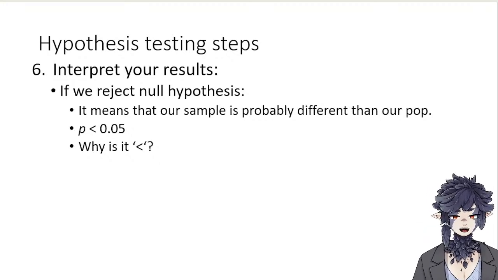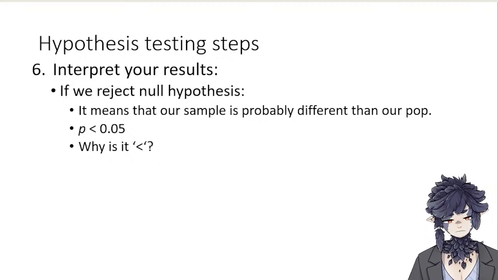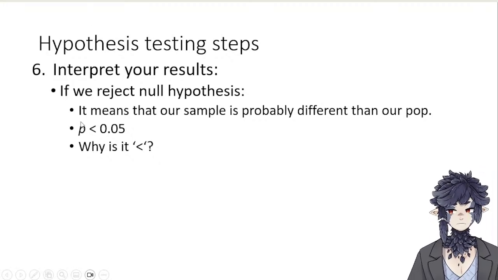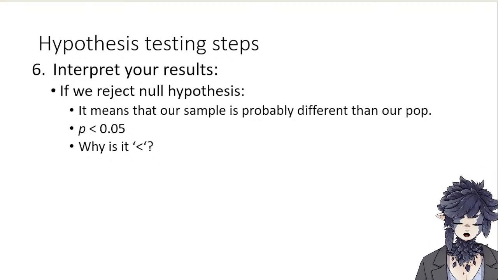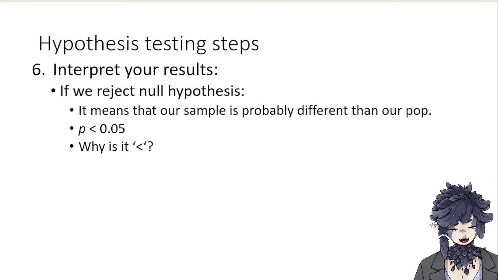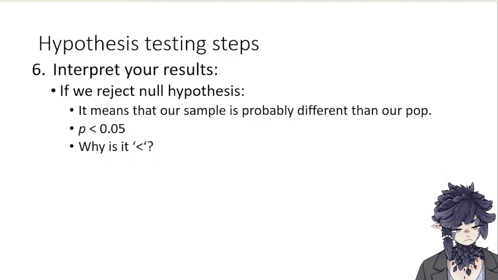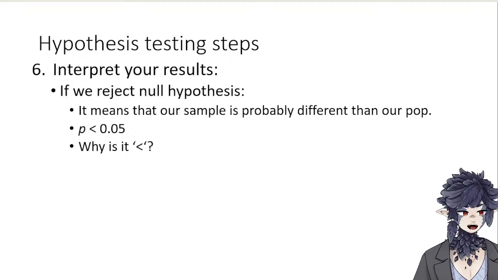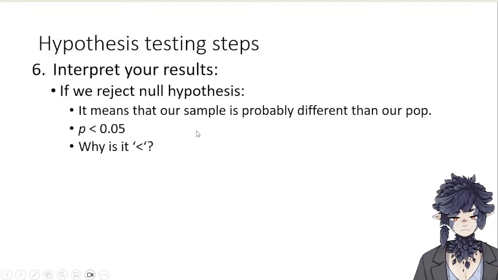And we express this as p is less than 0.05. P here stands for probability, specifically the probability that we would have gotten the sample mean that we did if the null hypothesis was true. Now, why is P less than 0.05 when we reject the null?